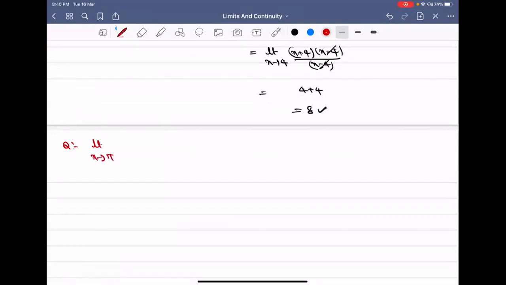Next: limit x tends to pi of sine of sine x over (x square minus pi square). So why are we doing all these things? If you substitute pi directly, what happens?